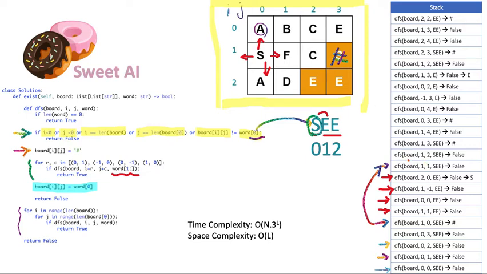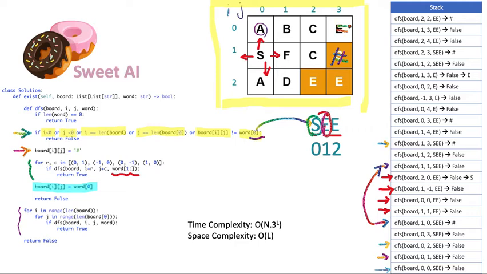While we are checking the corners, as you see at index 1 and index 0, we have S. So we put a hashtag, and then we check all the corners, and at index 0 and 3 we have E, which is the next item that we were looking for.